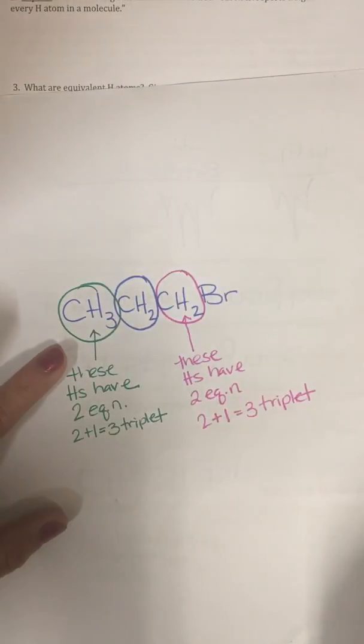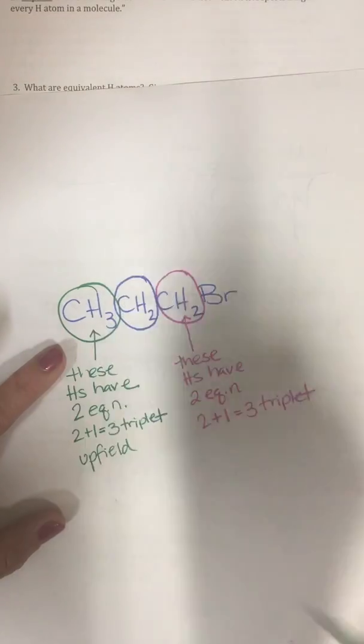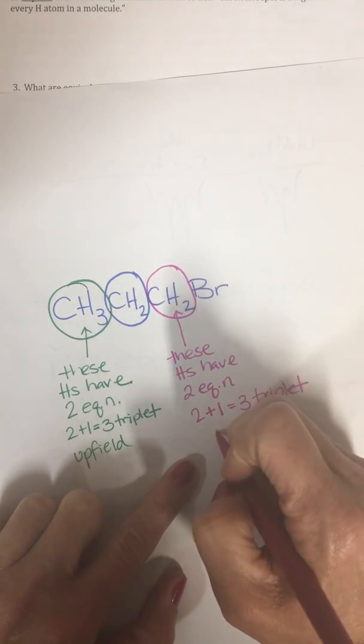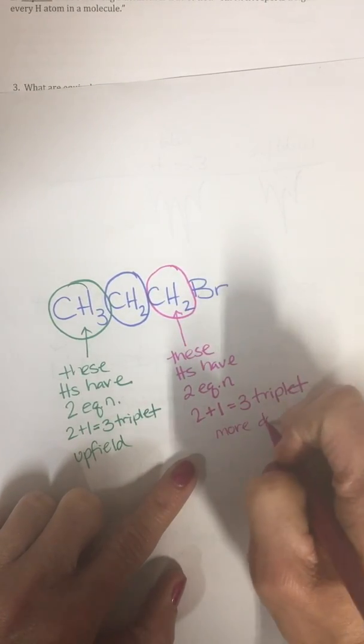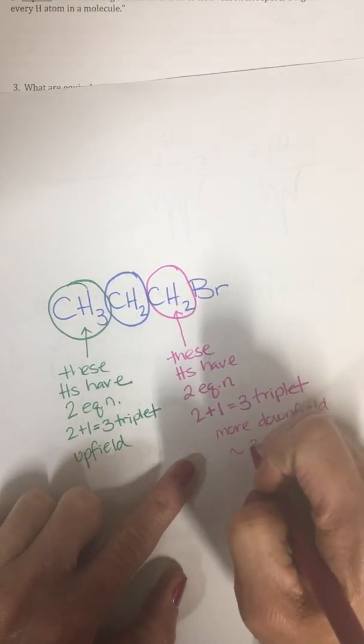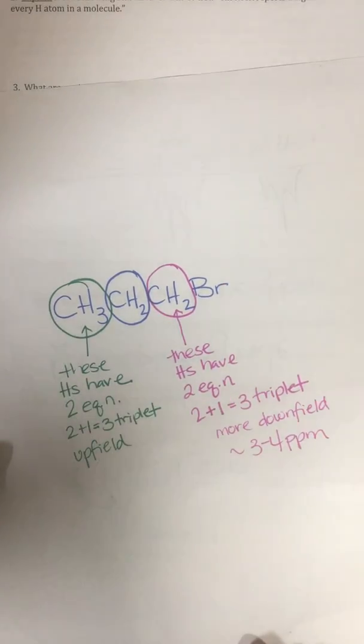This is an upfield triplet. And this is our more downfield triplet. Again, maybe sort of the 3 to 4 parts per million region.